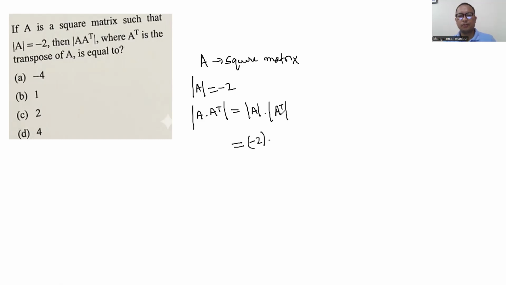The determinant of A transpose is the same as the determinant of A, so this will be minus 2. The determinant of the product is minus 2 times minus 2, and the value is 4. So this is the answer.